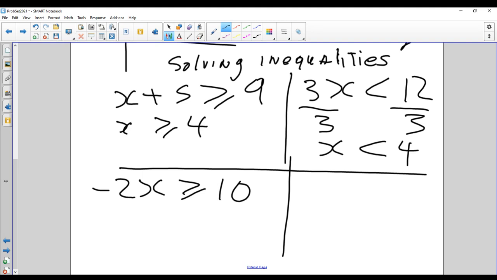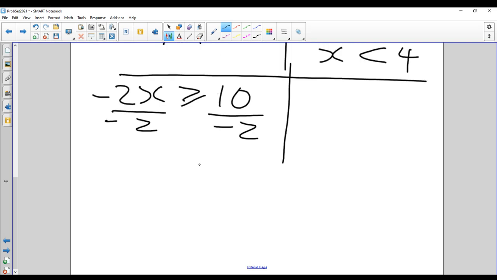That's how we did it back in grade 9. We divide the two sides of the equation by minus 2, but this side is going to become minus 5. This side is still my x on its own.